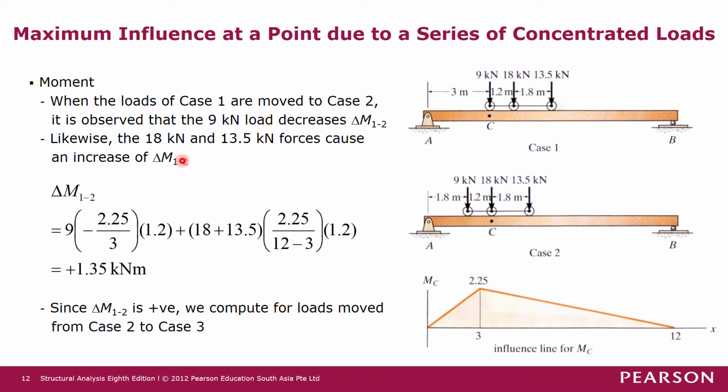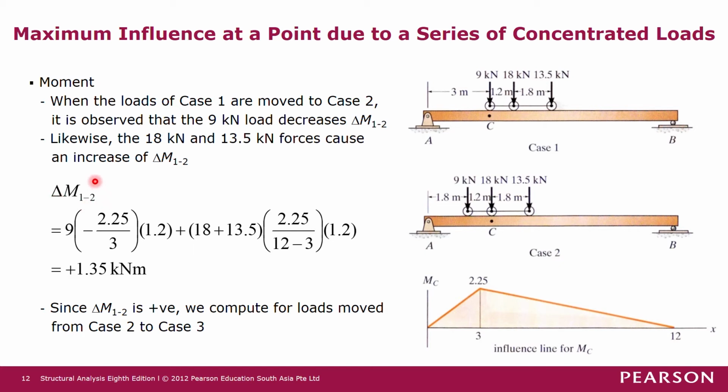Okay, so it's obvious that when the 9 kilonewton force is moving to the right, it's moving from here to here. Okay, and then when this 18 kilonewton force is moving from here to here, it's moving from here to here, right? And then this 13 kilonewton force is moving from here to there. So there's an increase in moment, right?